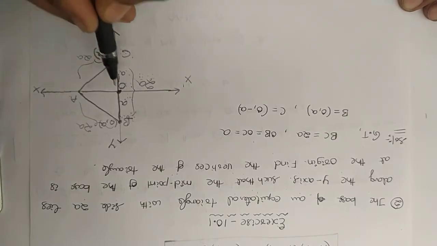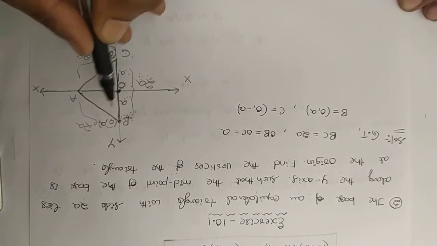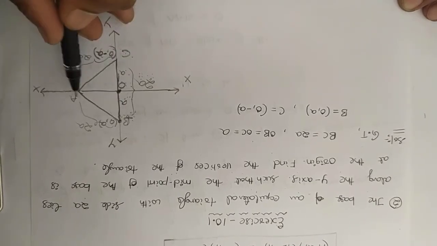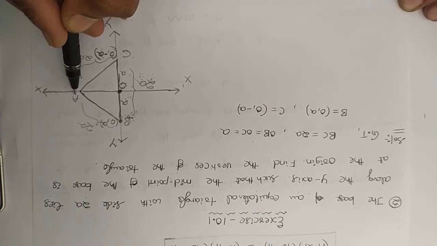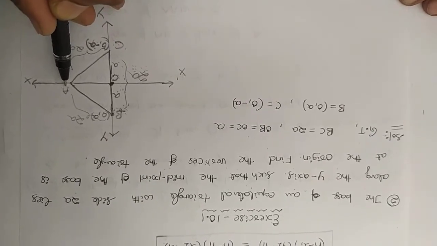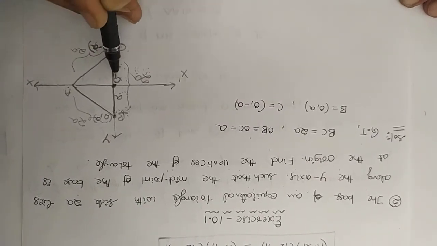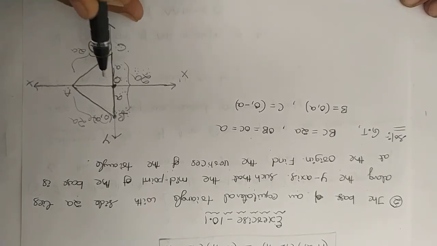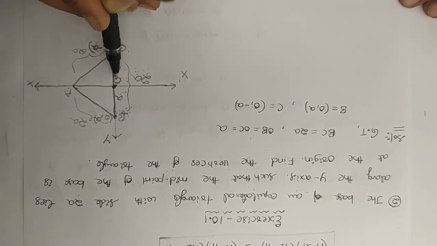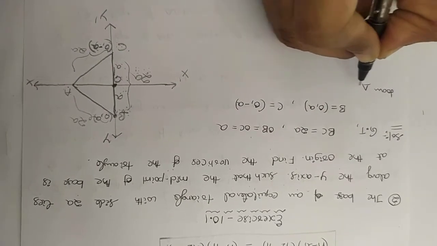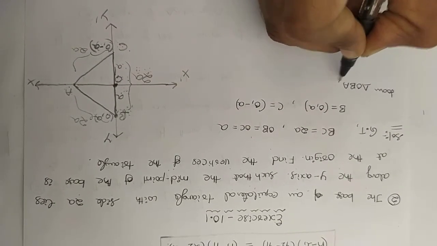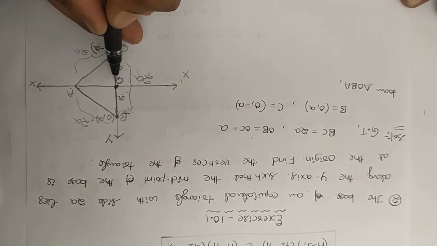If you observe, here we are getting a right angled triangle OBA. A right angled isosceles triangle we will have. From the triangle OBA, apply Pythagoras theorem.